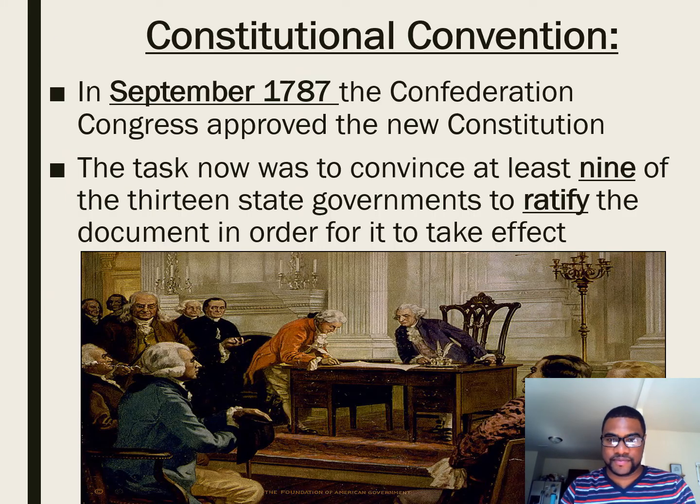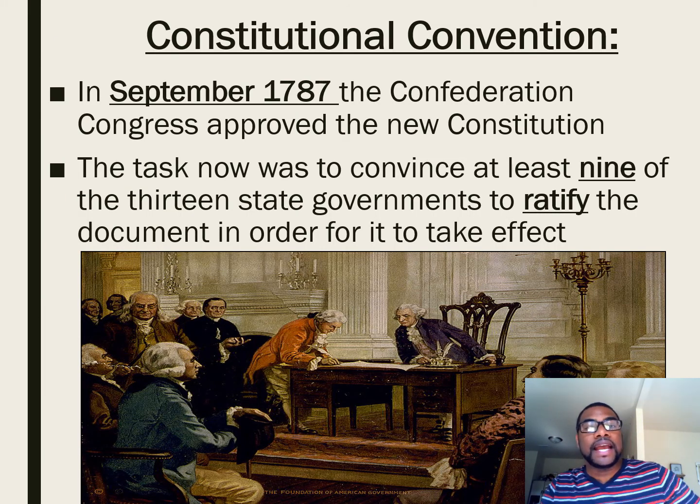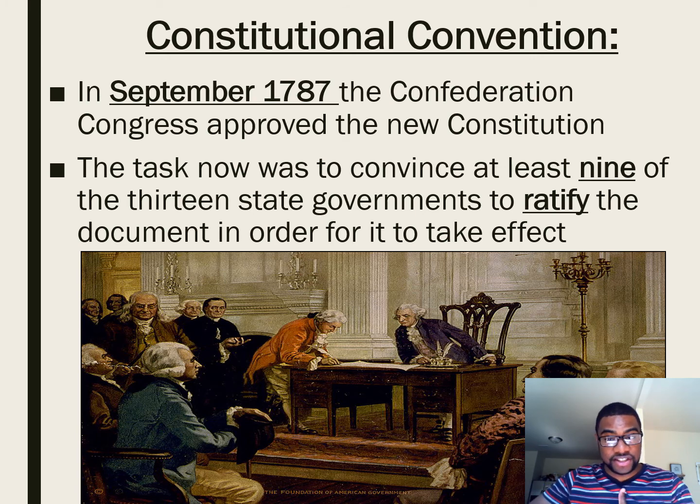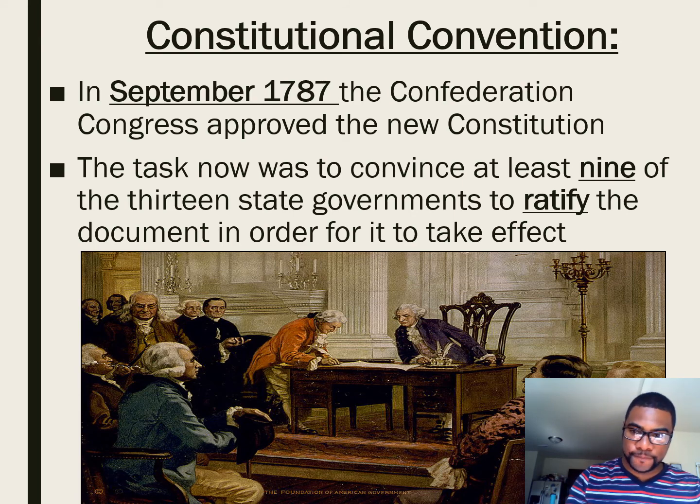Moving forward. Constitutional Convention. In September 1787, the Confederation Congress approves the new Constitution. The task now was to convince at least 9 of the 13 states to ratify the document in order for it to take effect.